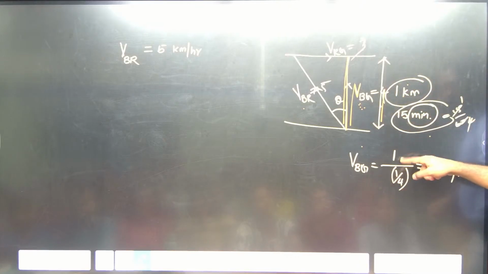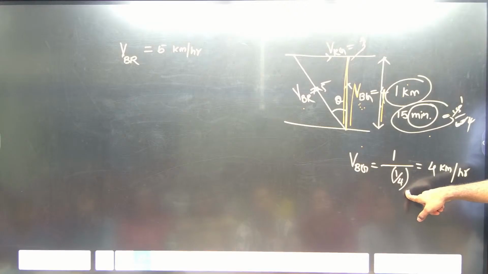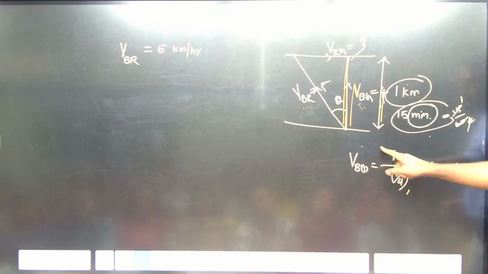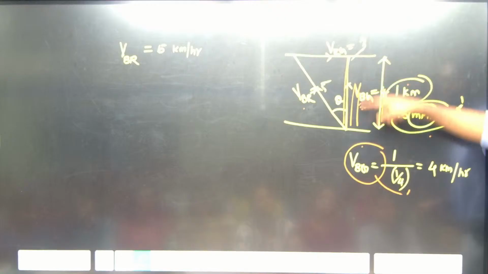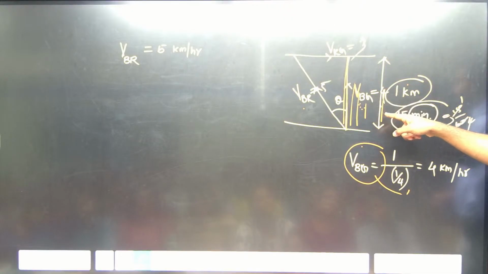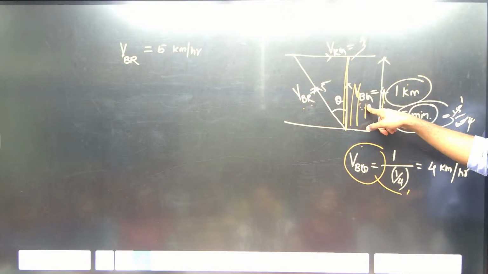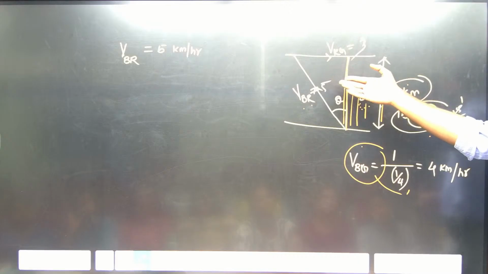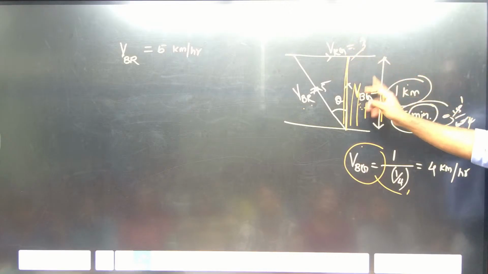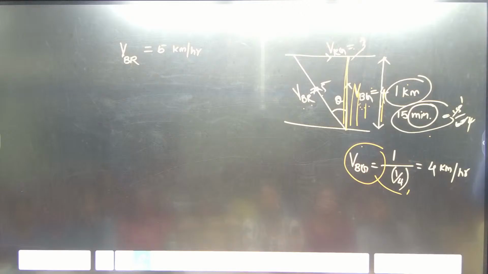Velocity is equal to distance divided by time. So can I get the velocity of the boat with respect to ground? I know this one, I know this one. Pythagoras theorem. 3, 4, 5 triangle. That's it. So the velocity of the river is nothing but 3 kilometer per hour.